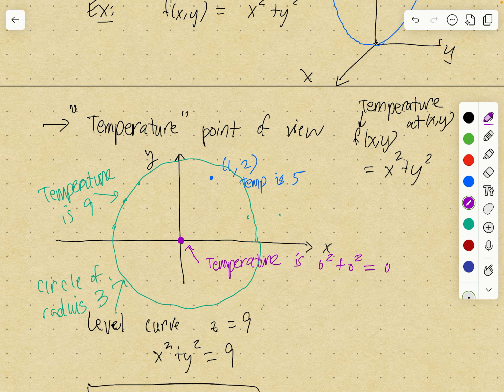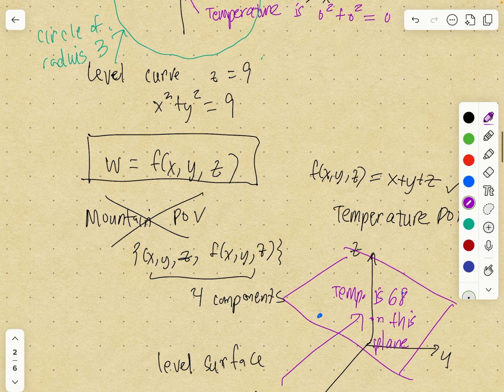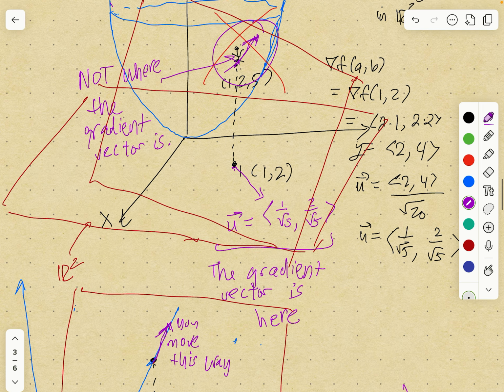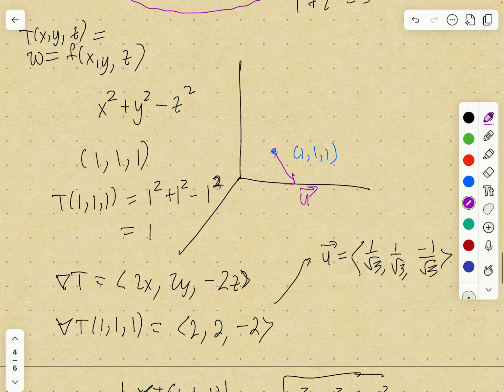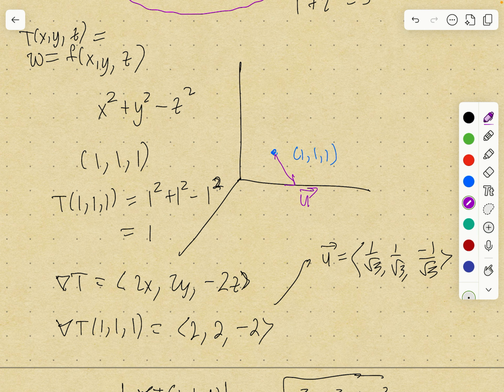Oftentimes, even though the gradient is explained in terms of the mountain point of view, it actually makes more sense to think about it in terms of the temperature point of view. The temperature point of view also makes sense when you have a function of 3 independent variables, whereas the mountain point of view doesn't.